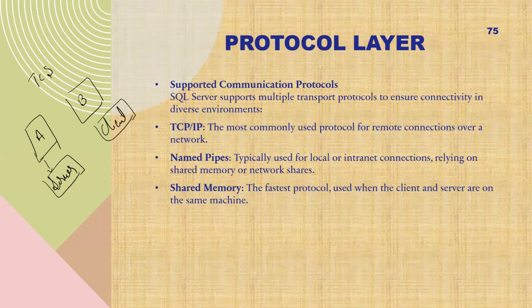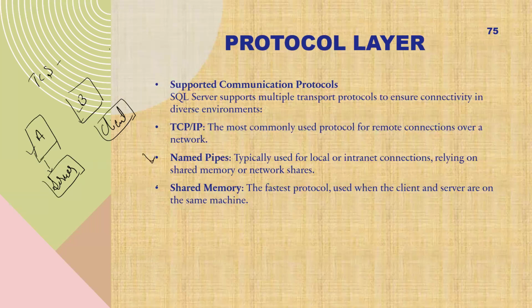But what is the difference here? The distance is less. We are in the same TCS campus, with two buildings. It is just like a local LAN connection, local area networking. So in that scenario, we are going to use named pipes.